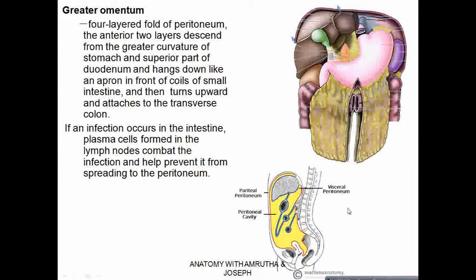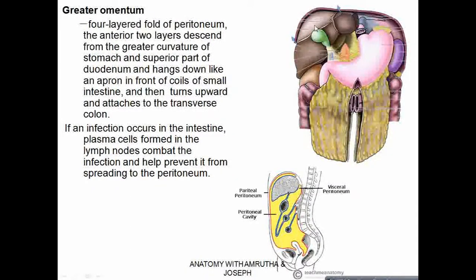If you look at the superior aspect of the diaphragm, the area between the diaphragm and the liver is very minimal, and at some point the liver is very closely attached to the diaphragm, so there is no space for the peritoneum to move upwards and cover the whole of the liver.